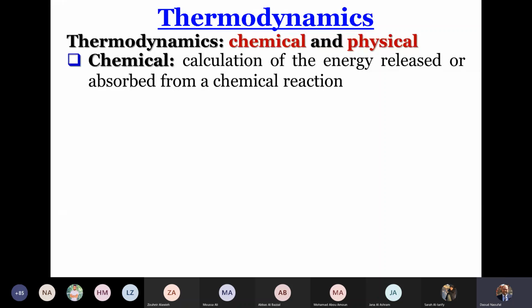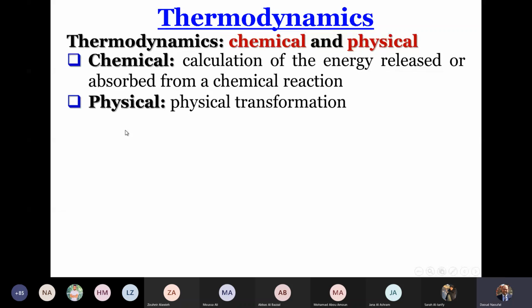So this is a transformation that took place by changing the composition of the system. I have A and B initially. In the final state, I have C plus D that are different from A and B. So this is a transformation. The chemical transformation is a transformation with a change of composition.